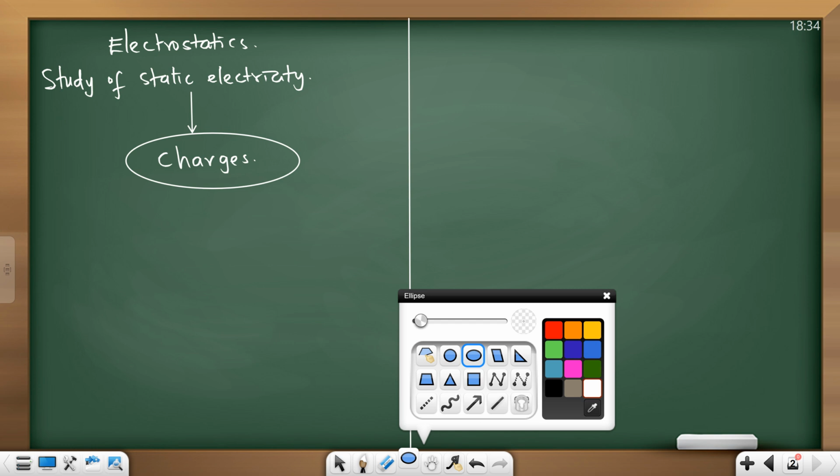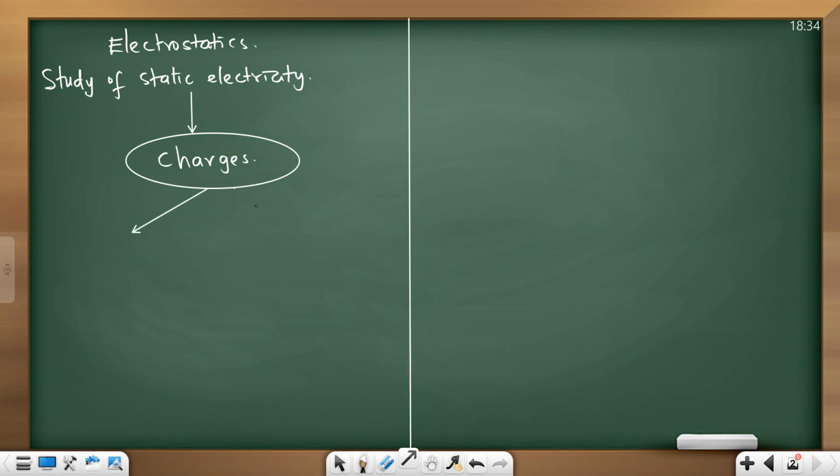And when we look at charges, instantly, we know we are dealing with positive charges, which are called protons, and we're dealing with negative charges, which are called electrons. So when we deal with charges, we're dealing with two types of charges, positive and negative.